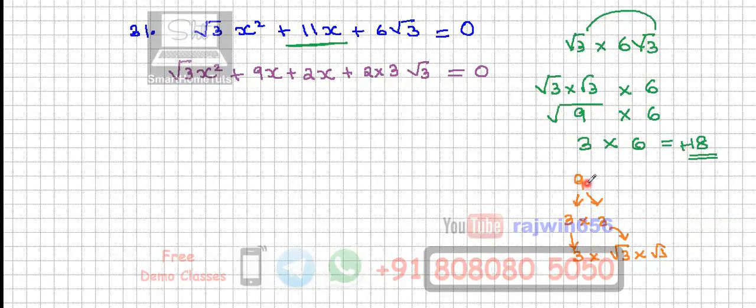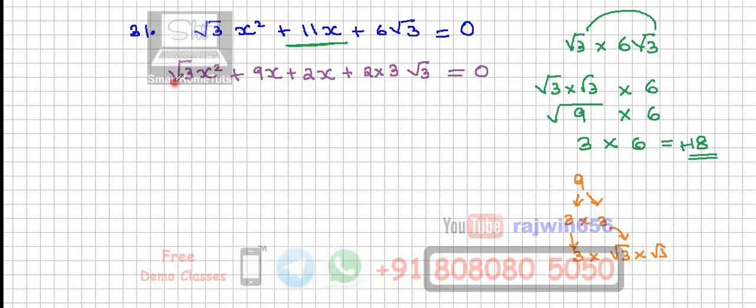So this 9 part which is there, I've split it into 3 parts. First I'm splitting 9 as 3 into 3, and then this 3 is written as root 3, root 3. Which I have done over here the other way around. Root 3 is root 9, and square root of 9 is 3. I have done the reverse of this. 3 is written as root 3 into root 3. Other things are going to remain as they are.